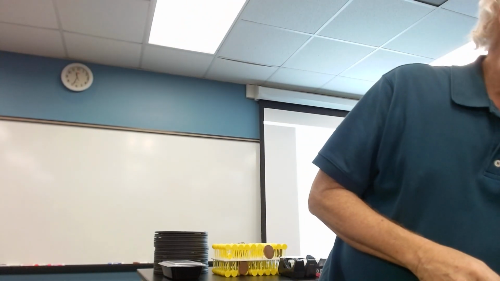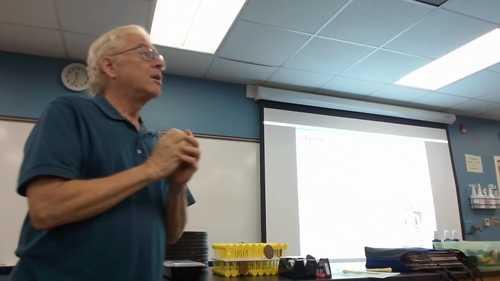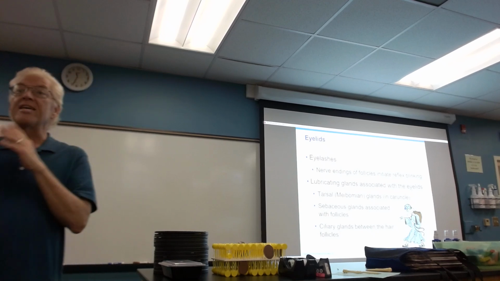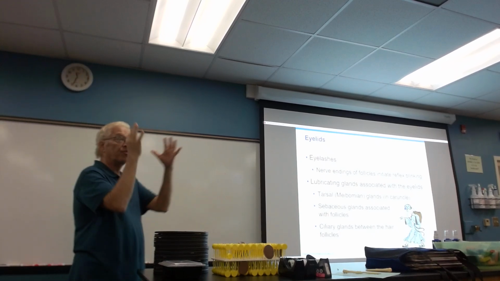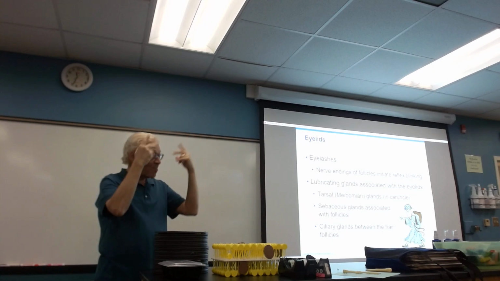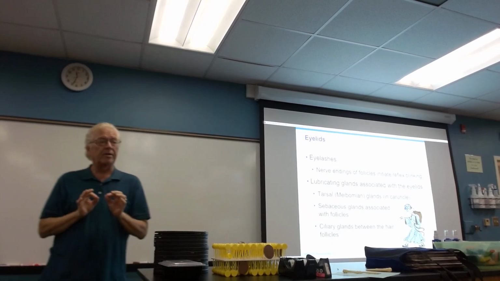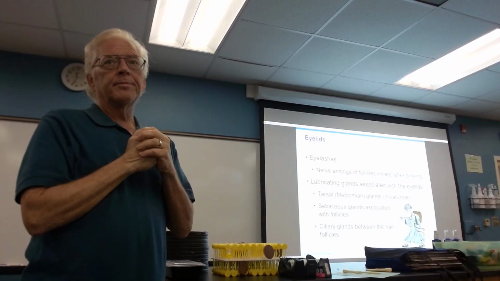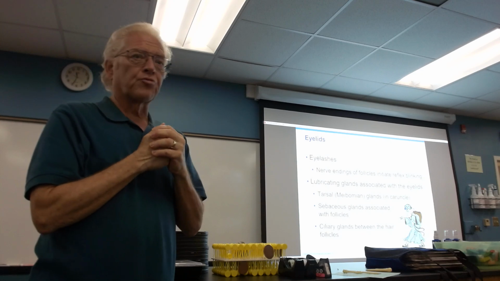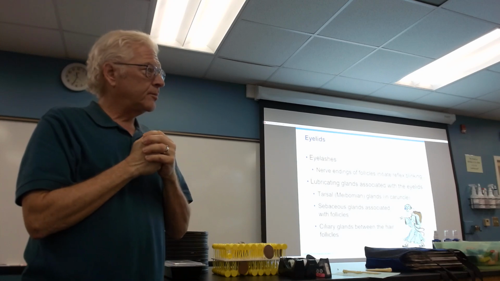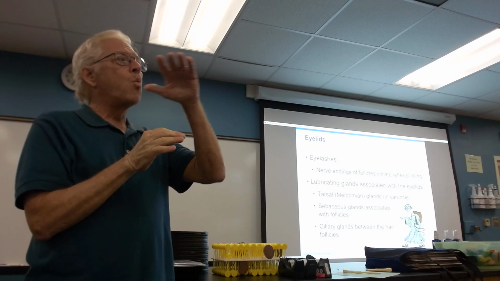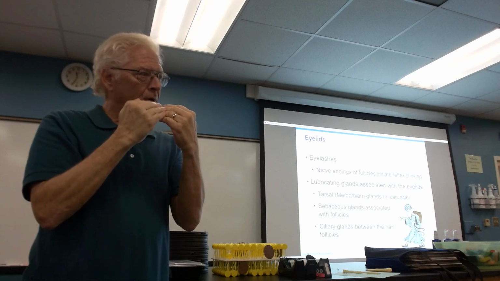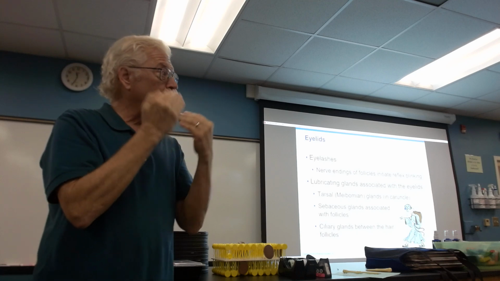When you are blinking, not only are you sweeping tears across your eyes to keep your eyeball clear of the dust particles in the air that are landing on your open eyes every day, but is water going to dry up? Do you want your cornea to dry up because your eyes are open? Well, what do you think I can cover water with to keep it trapped on my cornea? Oil. Because oil and water don't mix.